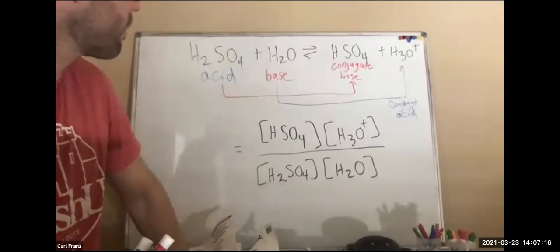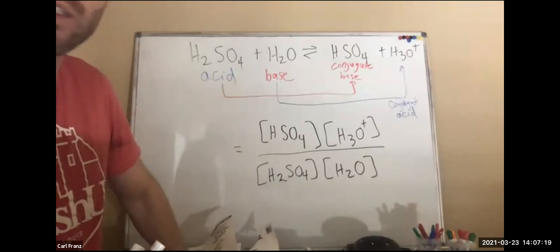For these acid-base equilibriums, are we ever going to have an exponent? Like, is there ever going to be an imbalance of moles where it's not just 1-to-1? An imbalance of mole. You mean coefficients other than 1? Yeah.